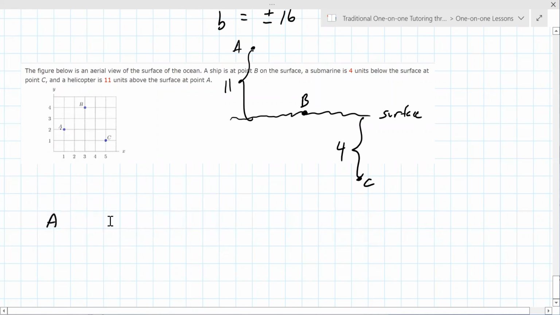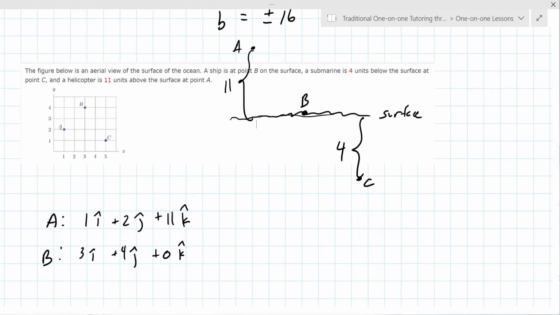So the coordinates of A, and see here's X and here's Y. So A is 1 i hat plus 2 j hat, but see how it's above the surface? So that's positive 11 k hat. We're going to do the same for B. B is 3 i hat, 3 to the right, 4 up, 4 j hat, and it's 0 k hat because it's right on the surface.